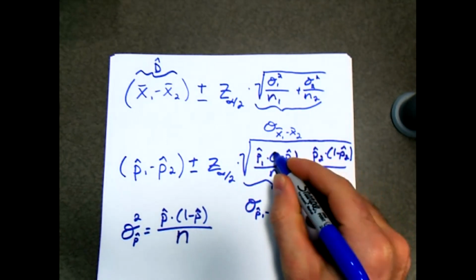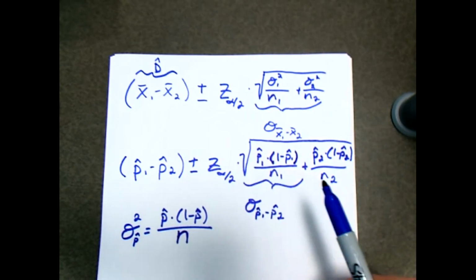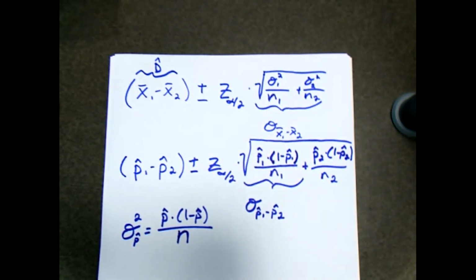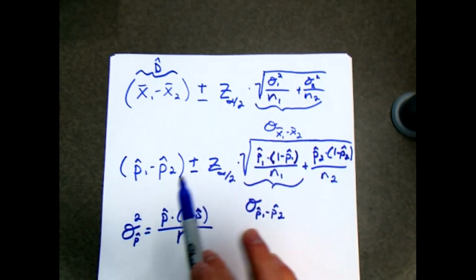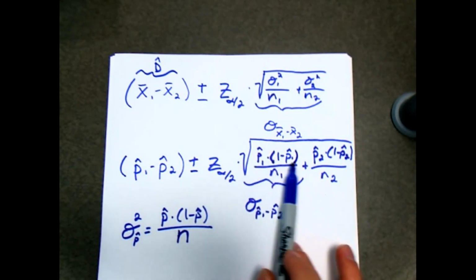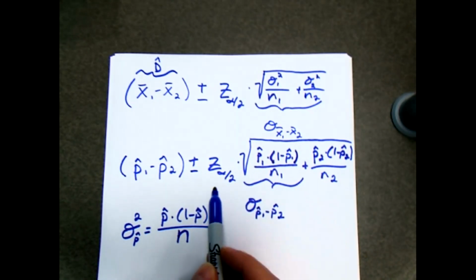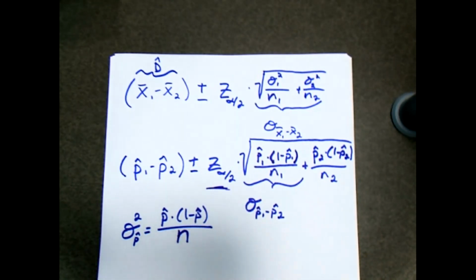Sorry, I forgot one of my parentheses right here. Because we're dealing with proportions now instead of sample means. But once we have this formula, everything plays out exactly the same. We look the z-value up the same way. We'll be given the sample proportions and our sample sizes, so that's just a matter of plugging our values in. So really the key is still just to find that z-value.